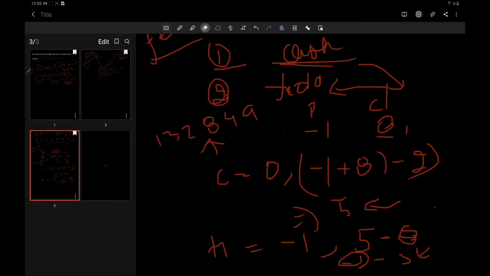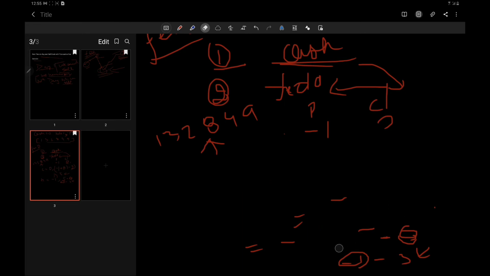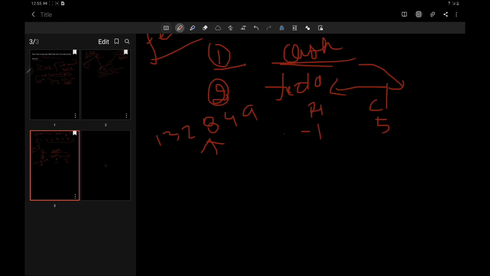Let me clear it now. So the cash is 5 and the hold is still -1. Alright, so now we move to this value.